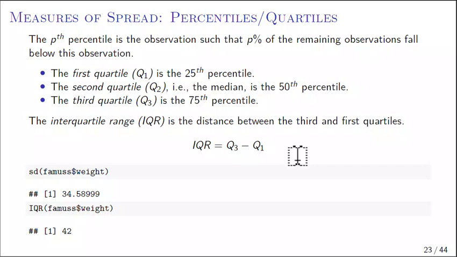Since this 25th percentile is so special, 25 being like 1/4 of 100, we just call it the first quartile. We simplify it as Q1.